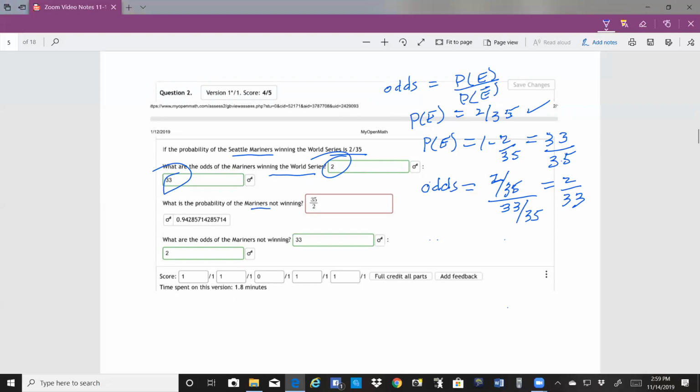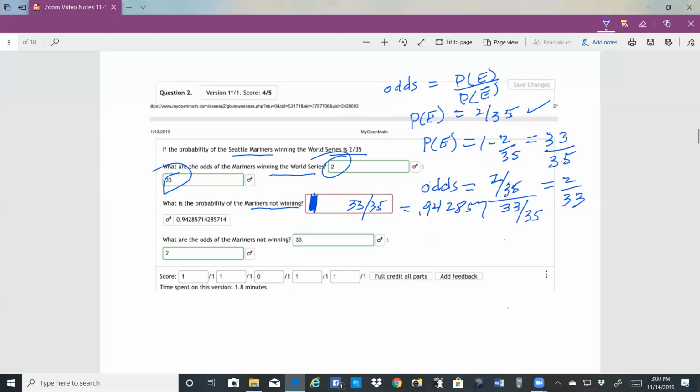Now, what's the probability of the Mariners not winning? The answer here is not correct. This was a printout of a particular student's paper. We've already calculated the probability of them not winning, and that is 33 out of 35, which is equal to 0.942857 in decimal.